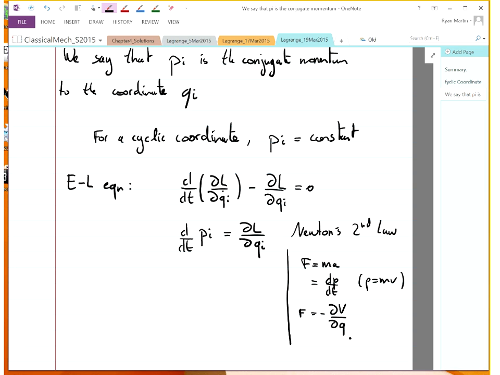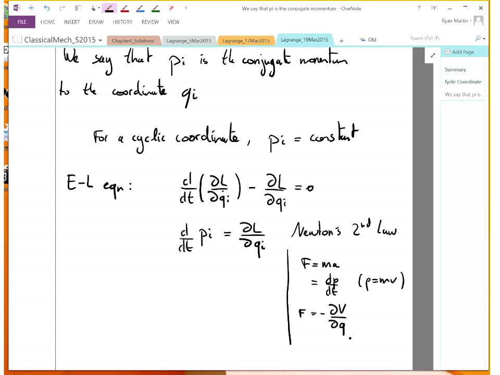And so L is equal to T minus V. T hardly ever depends on the q's, only on the q dots, especially in Cartesian coordinates.